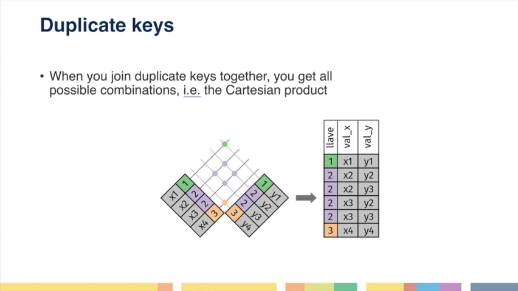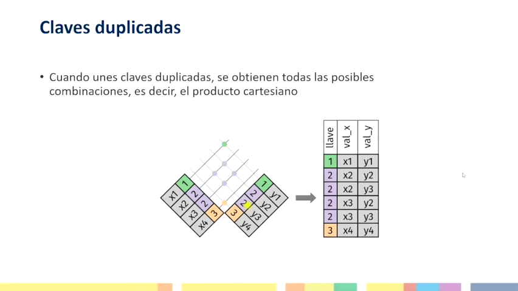When there are duplicate keys, all the possible combinations would be there from the Cartesian product. So if I have a duplicate key in the right and in the left, all options and all combinations that are similar are going to be created as new rows. So I have two twos. In this case, I'll have four in total. So in general, when this happens, it's probable that there's an error.